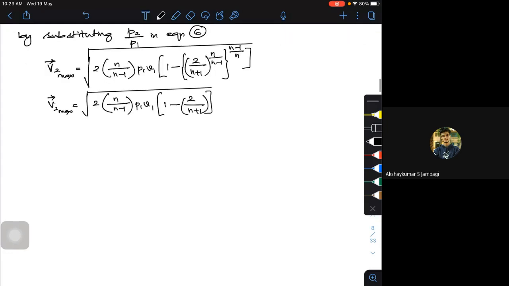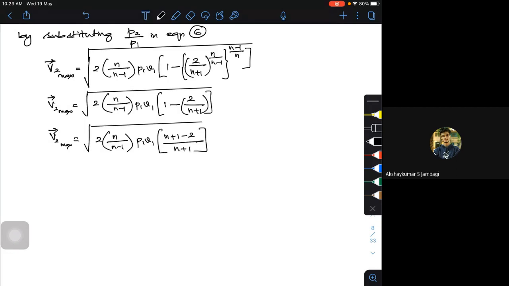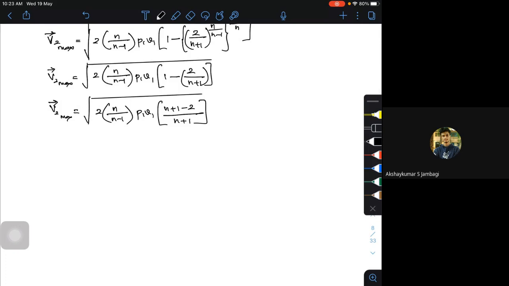Therefore, V2 max is equal to square root of 2 into n by n minus 1 into P1 V1 into n plus 1 minus 2 divided by n plus 1. So this will become n minus 1 by n plus 1. So the n minus 1 terms cancel out, and I will be getting n by n plus 1.